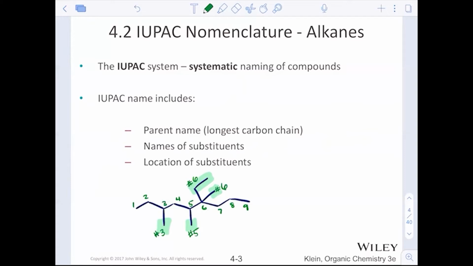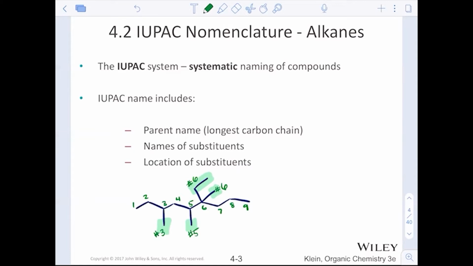We're really going to be breaking apart the molecule that we have, the hydrocarbon specifically, and being able to piece together different portions of it. What's really important is that we do this in a systematic way. We always want to find the longest carbon chain. We want to find the substituents, and we want to number the substituents so that we can actually converse and communicate the location of those.